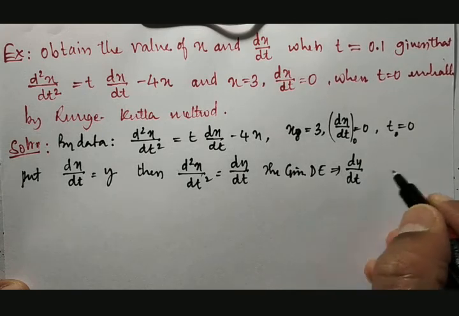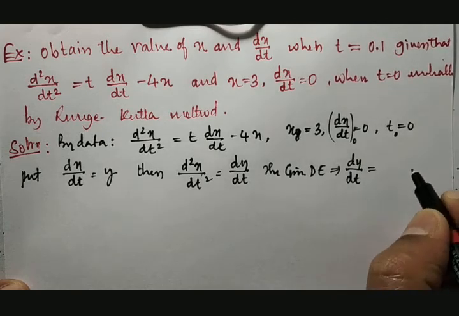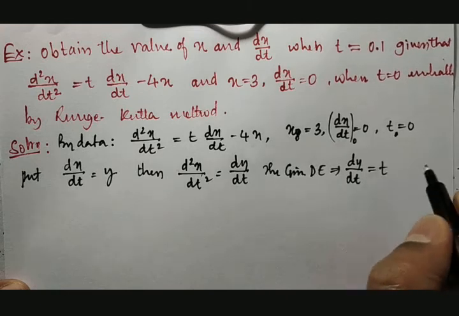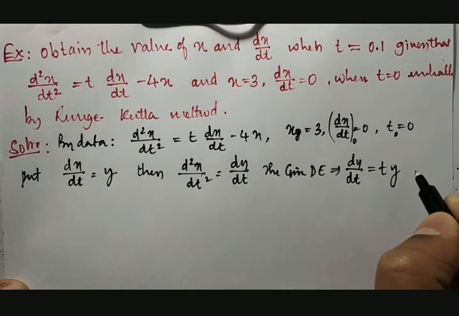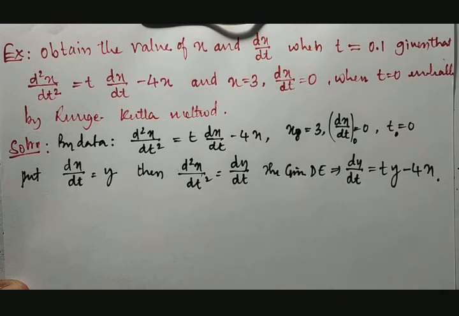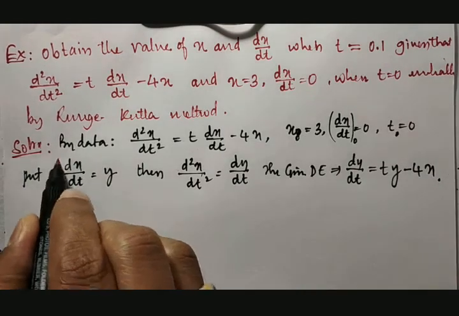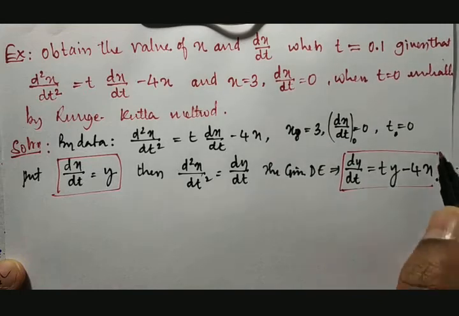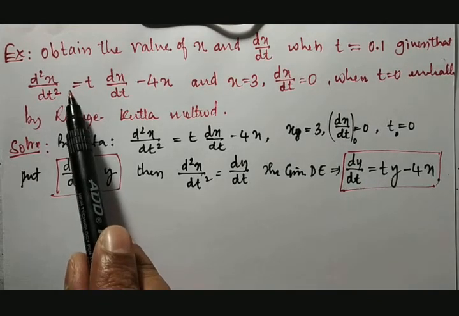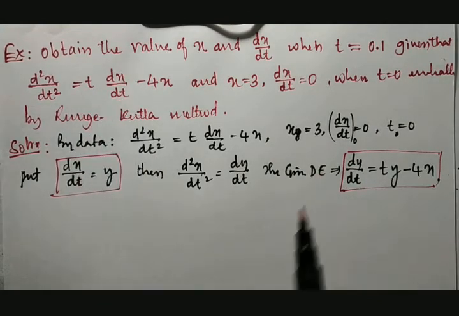So dy by dt is equal to t into dx by dt, which is nothing but y. So t into y minus 4x. There are two results we got now. One is a first order equation and this is another first order equation. Means the second order differential equation got converted into a set of first order simultaneous equations.